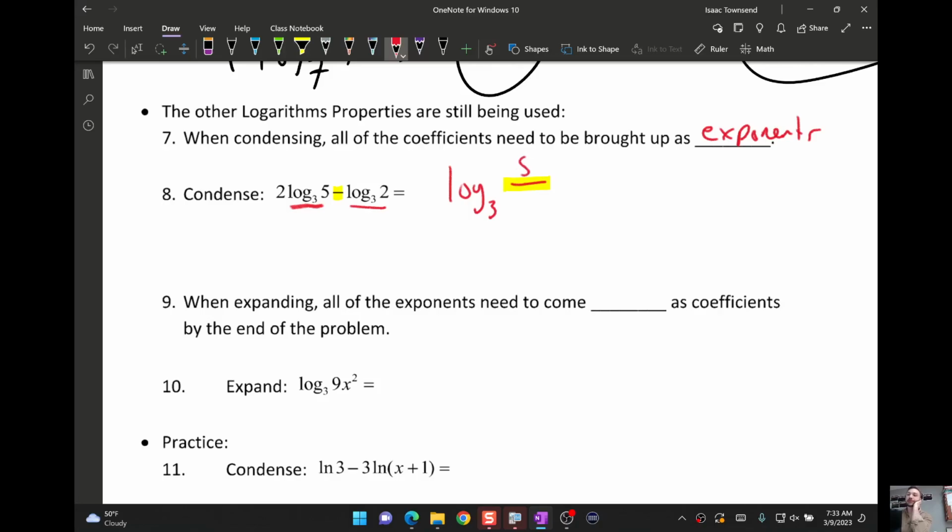You might think that this is 5 and this is 2. The problem with this is you're completely ignoring this 2 out front, and you can't do that. You can't just pretend like that's not there, or just hope that you put it in the right spot. You really need to bring this up as an exponent before you can condense.